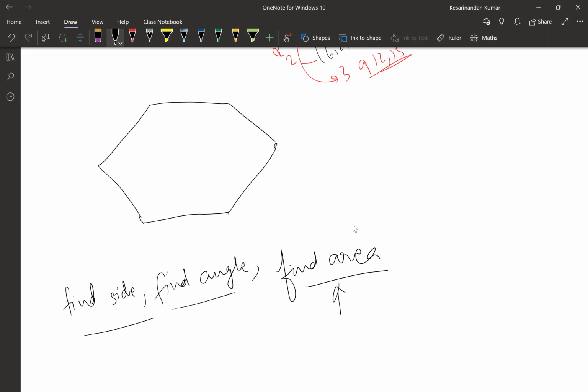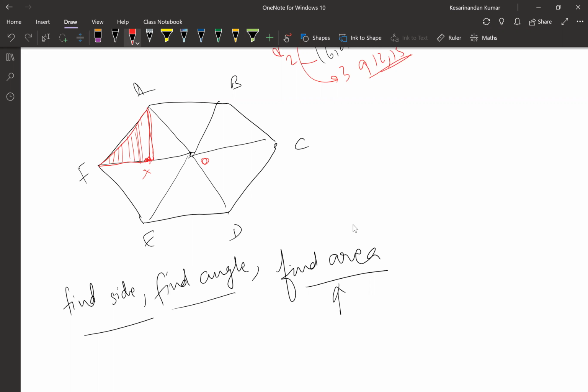Now, this X is the midpoint of F and O. I want to know the ratio of this triangle, this red shaded area, to the area of the total hexagon.